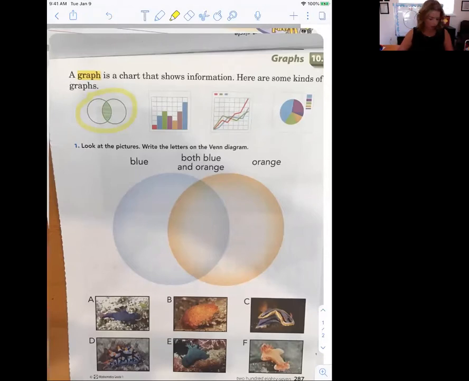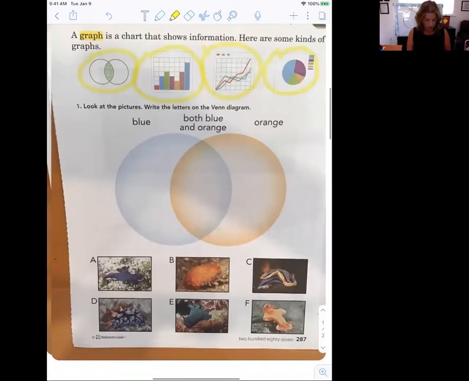This is a bar graph. This is a line graph. And this is a different kind of graph, more of showing what is majority by color. It's a different kind of graph. So there are different kinds of graphs.